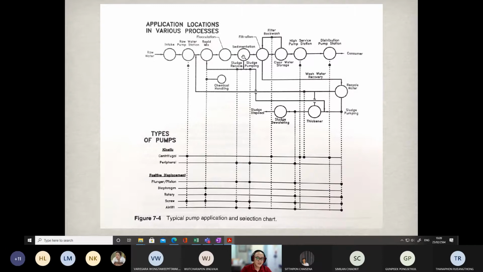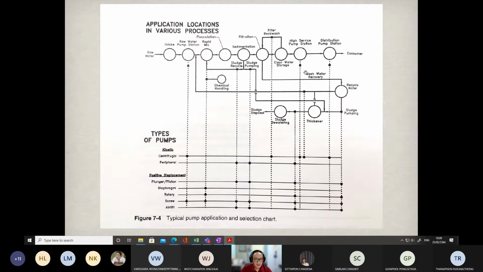After flocculation, there may be sedimentation and then filtration. Once the water passes through the filters, the treated water is kept inside the clear water storage.